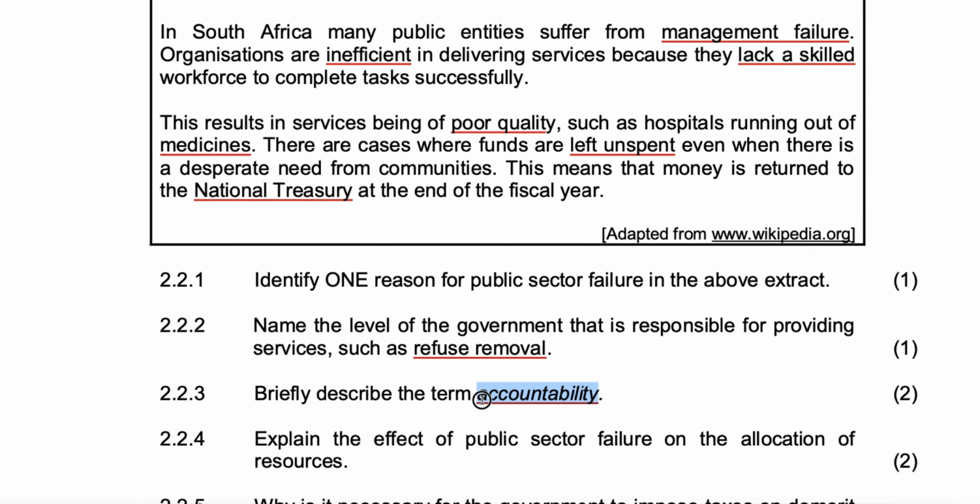Then briefly describe the term accountability. Well, accountability has everything to do with being able to give an account of the decisions that you have made, and also expenditure: what you spent and why you spent it.